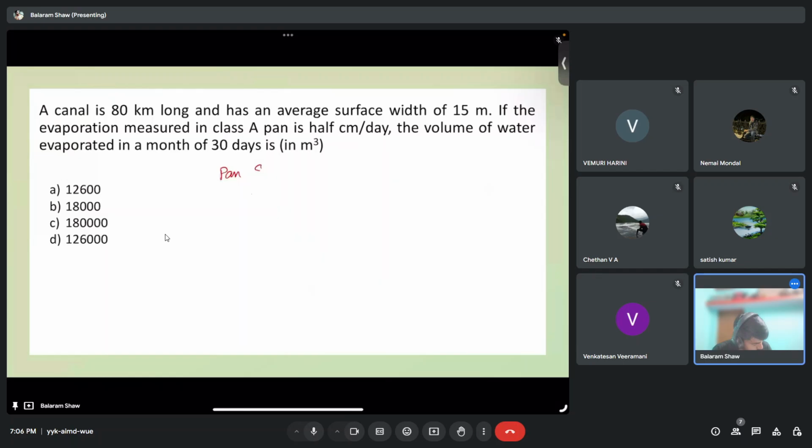So 0.7 into 0.15, into 80 kilometer, that is 80 into 10 to the power 3 meter, into 15 meter. How much are we getting? I'm getting something like this in meter cube. I hope you are getting the same answer. So the correct answer will be D.